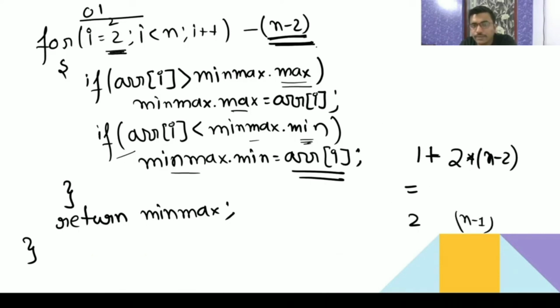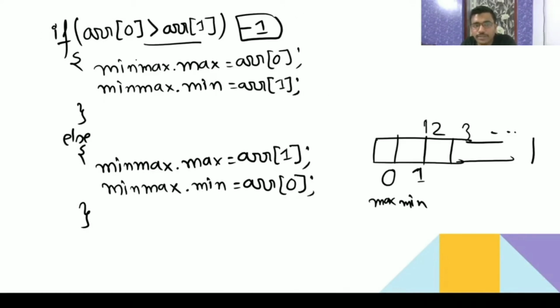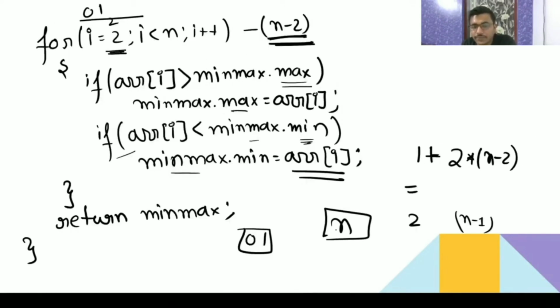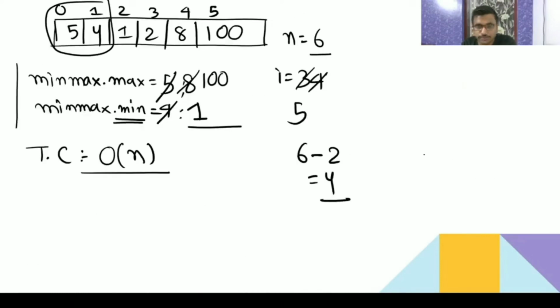So total elements are n, and indices 0 and 1 are 2 elements. For those 2 elements you have done the comparison, so the comparisons are for n minus 2 elements. For every execution of the for loop we are doing two comparisons, one checking with max and one checking with min. So 2 into n minus 2. The total comparisons here are 1 plus 2 into n minus 2.